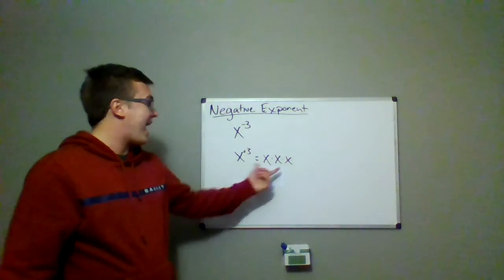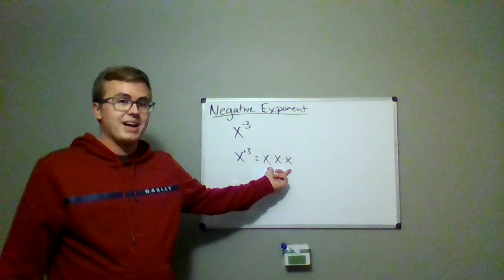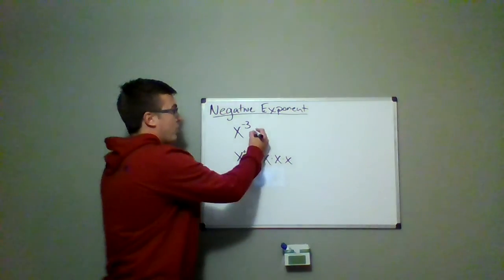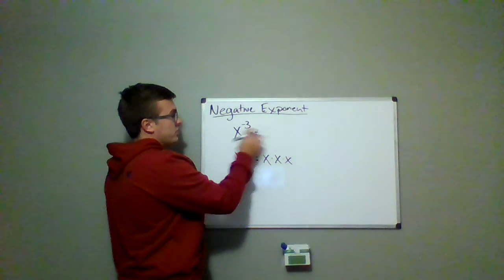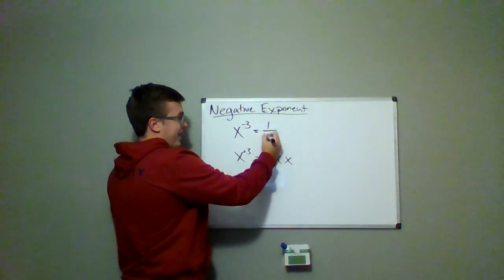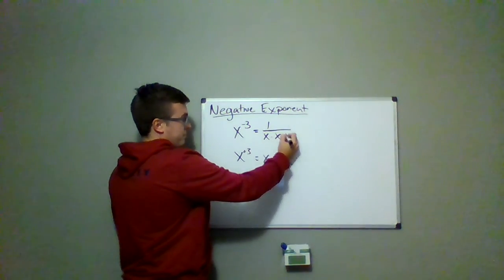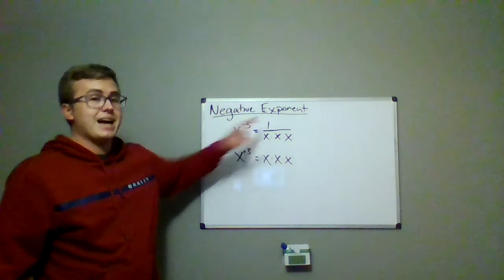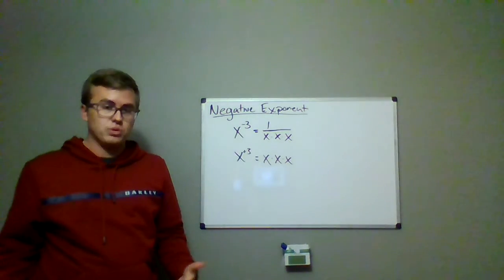So what's the opposite of multiplying by x 3 times? Dividing by x 3 times. So instead of multiplying by x 3 times, I'm going to divide by x. So I'm going to have x on the bottom 3 times, and my top is going to be 1 as a placeholder up there.